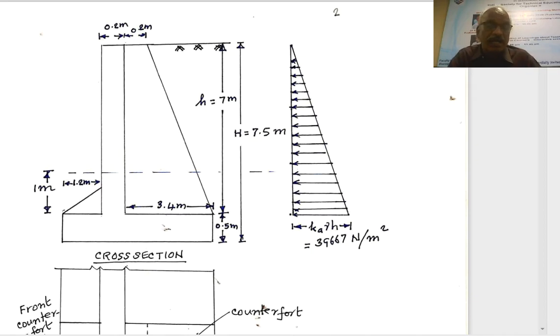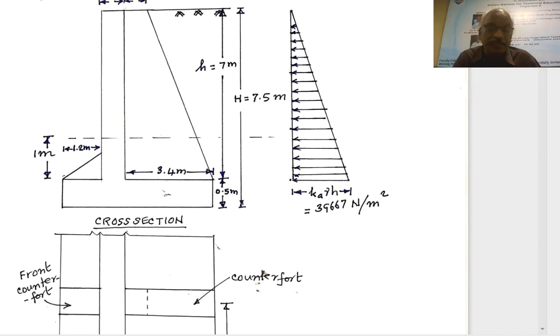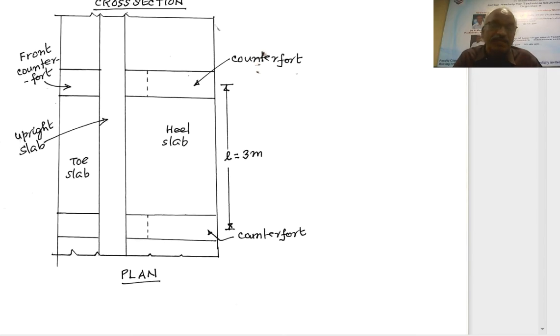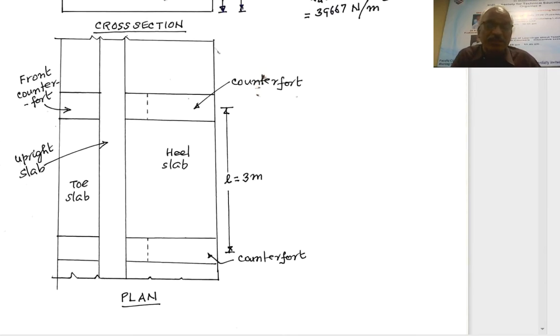These proportions we will discuss and then come back to the other dimensions. So that's about the base slab. This is the plan. The spacing between the counterforts is L equal to 3 meters.